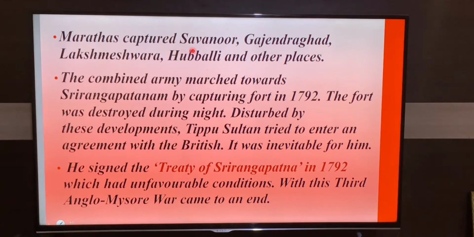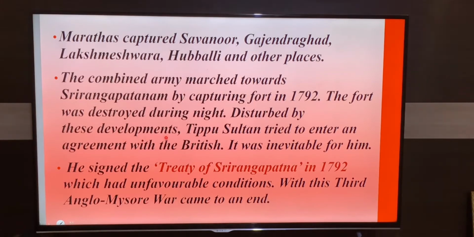Maratha captured Savanur, Gajendraghat, Lakshmaneshwar, Hubballi and other places. The combined army marched towards Srirangapatnam by capturing fort in 1792. The fort was destroyed during night.